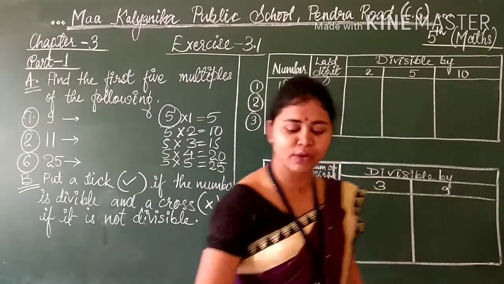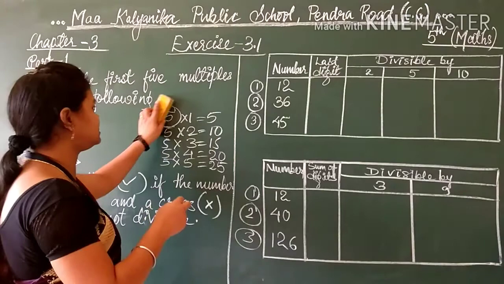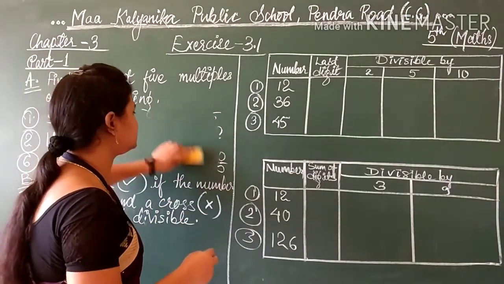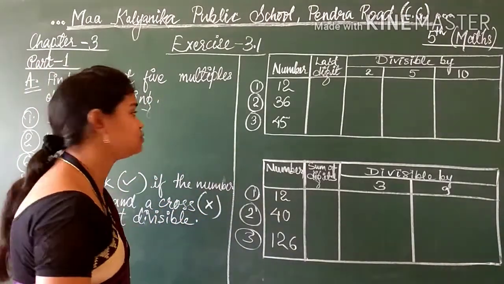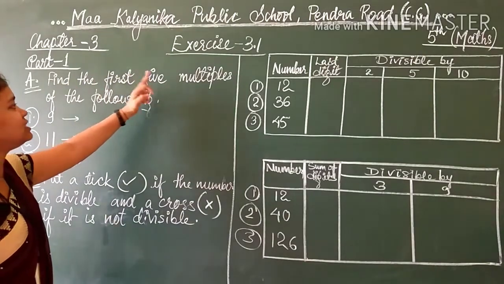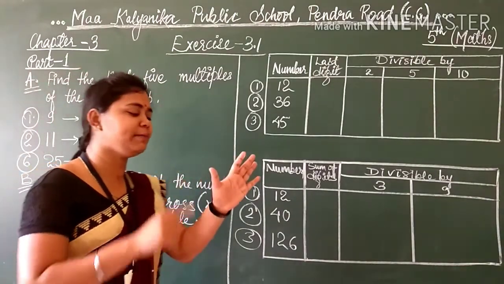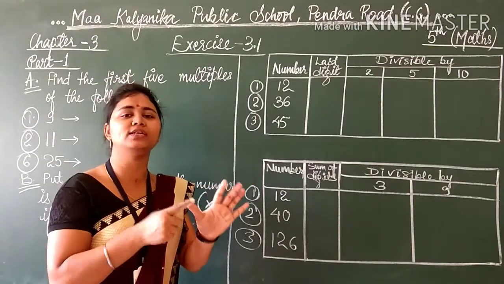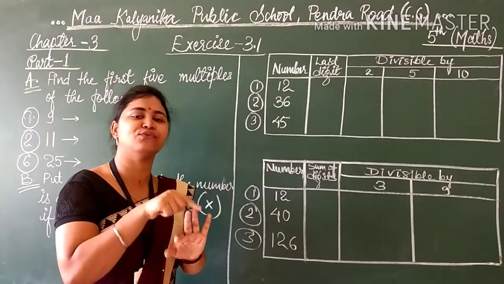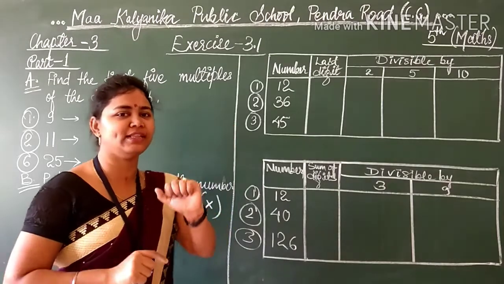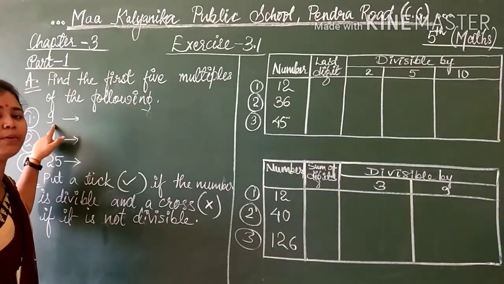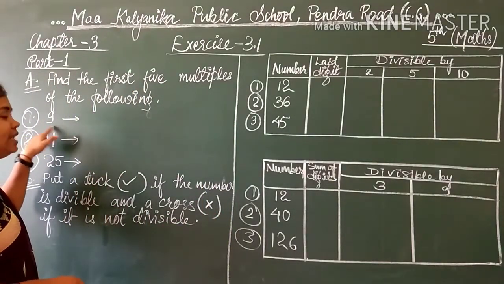Okay, so starting from question number 1, you will understand. The question is, find the first 5 multiples of the following. First 5 means multiplying the given number with 1, then 2, then 3, then 4, then 5, and then you will get the 5 multiples. So question number 1 is 9.